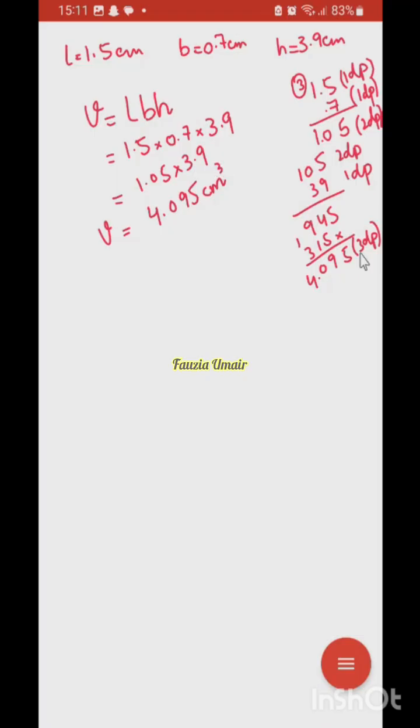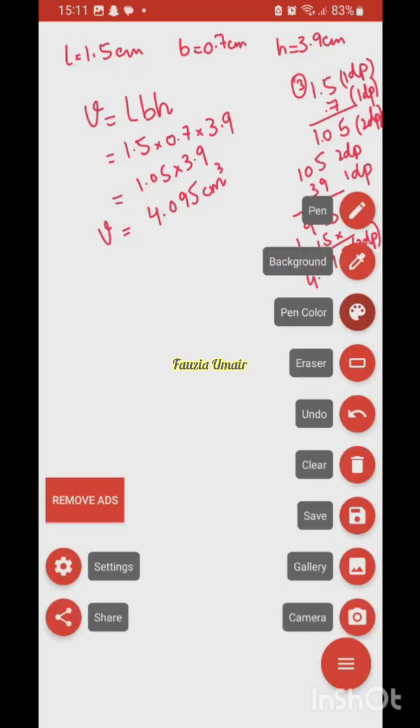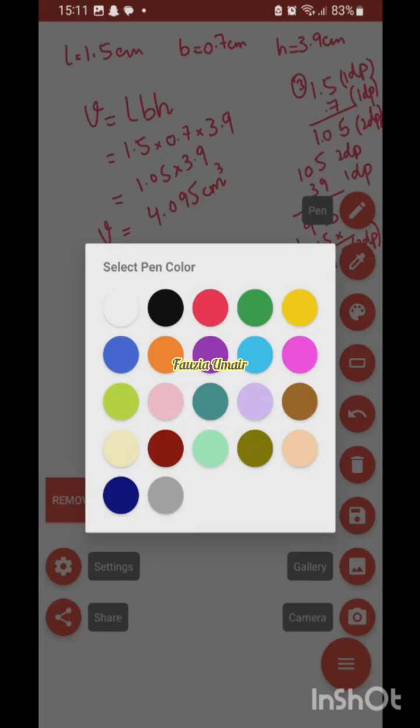These calculations are a bit tricky in this part. So now let's solve the surface area. We need to write down the formula.